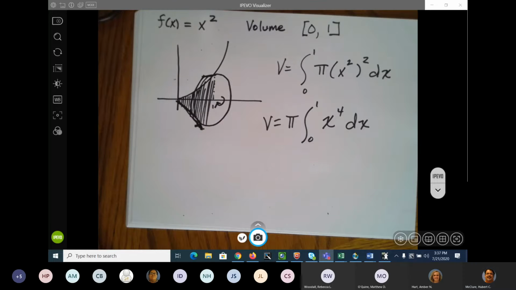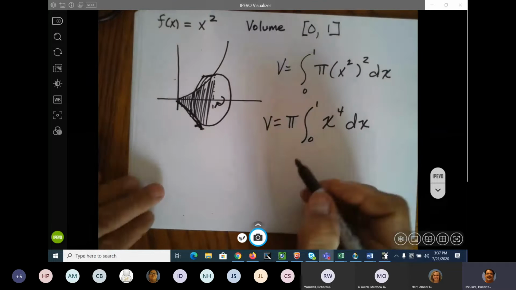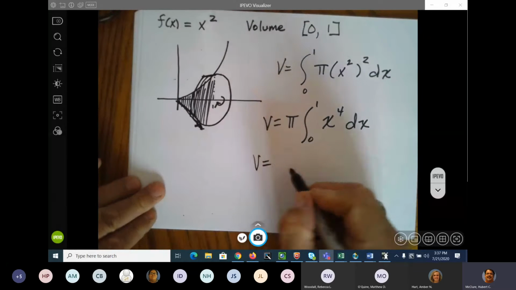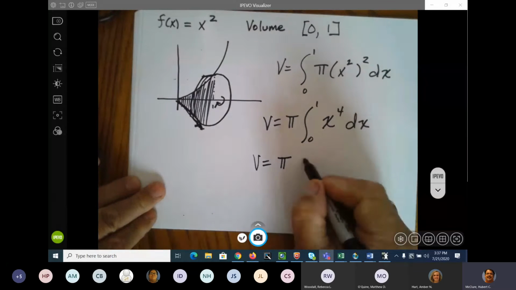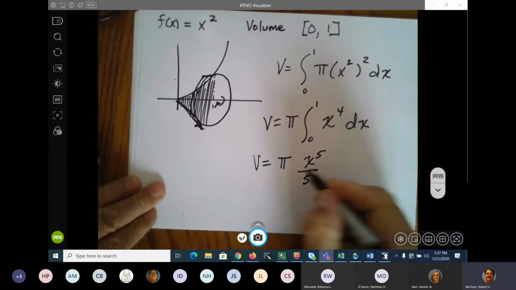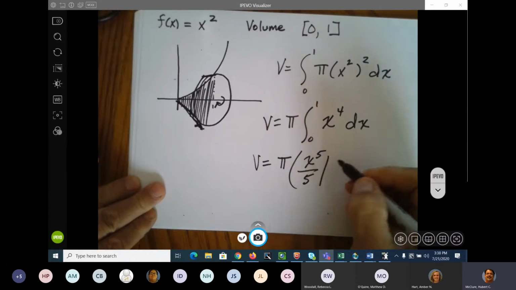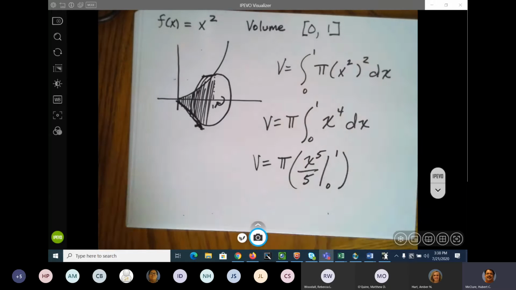So that's going to be v is equal to pi x to the 5th over 5 evaluated at 0 and 1. And of course, we know that the 0 is going to cancel out.